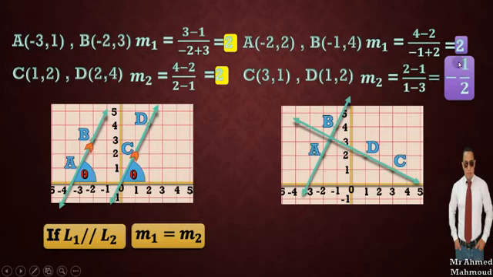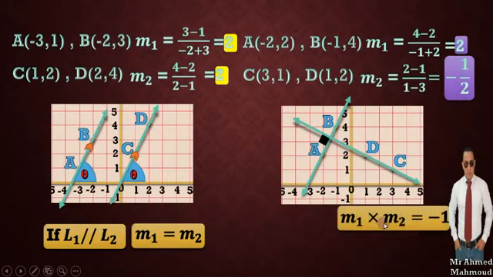If we multiply 2 times negative half, we get negative 1. So the two straight lines are perpendicular like this. Then m1 times m2 equals negative 1. So these are the two rules.